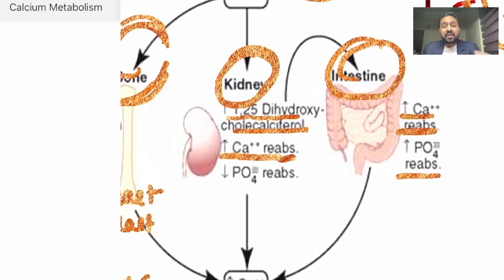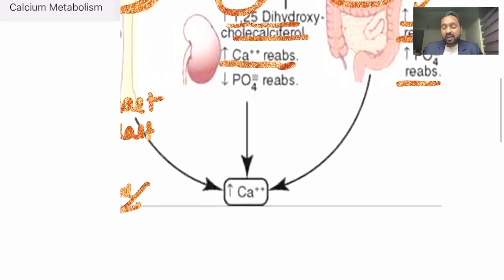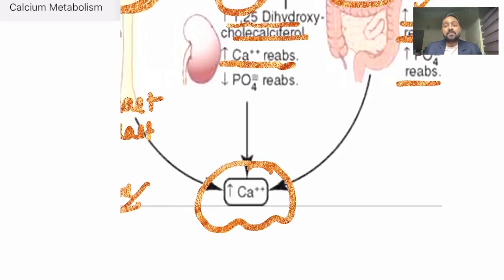So parathyroid hormone does not act directly on the intestine. It rather first acts on the kidney, converting the inactive form of vitamin D to the active form, which in turn acts on the intestine, causing increased calcium absorption. The net result is increased calcium levels.